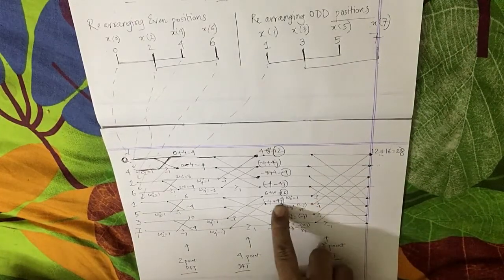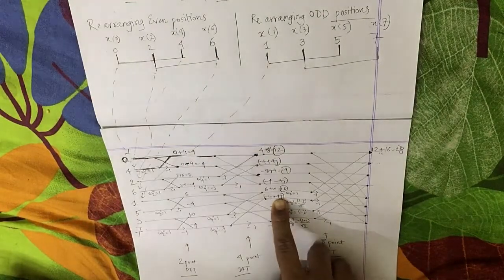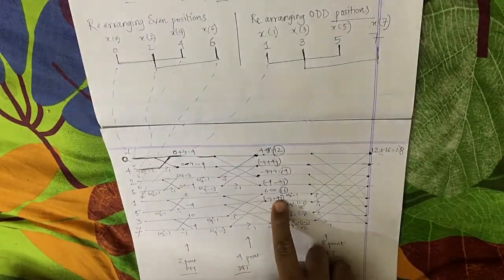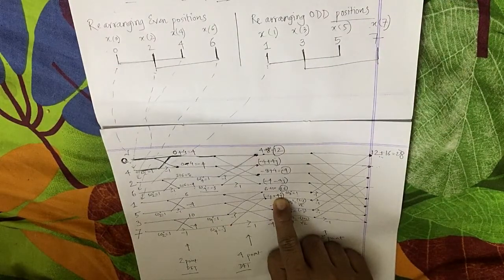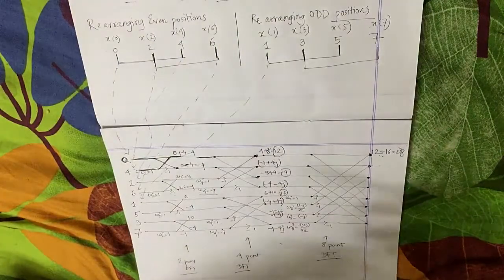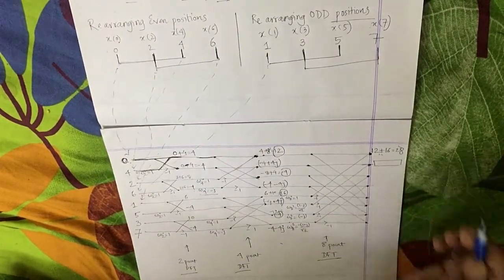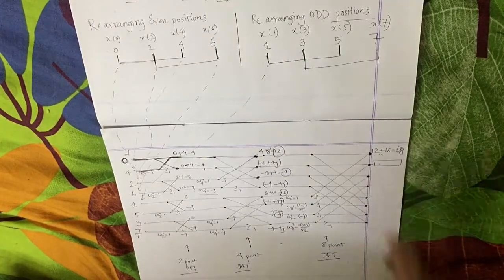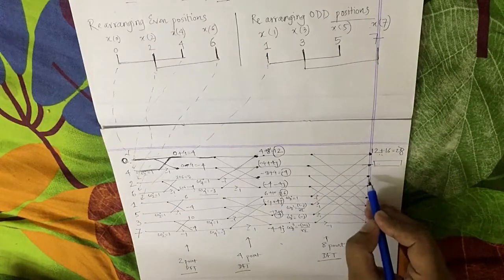We are interested in this line. So you try to figure it out on your own. I will keep this as your assignment. Try to figure out this value. I'm skipping this one. Let's get into the third line.